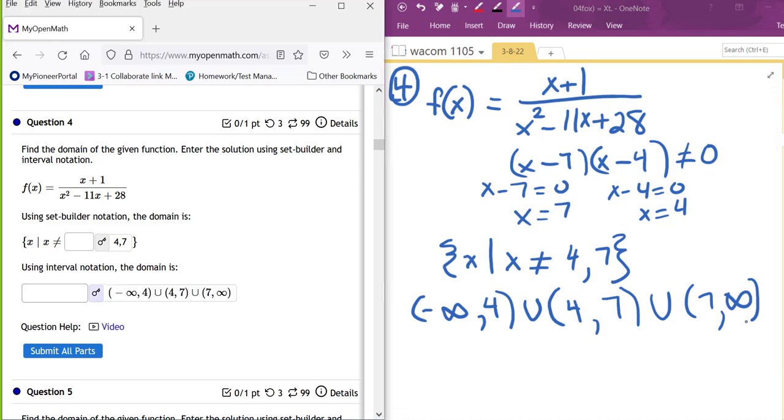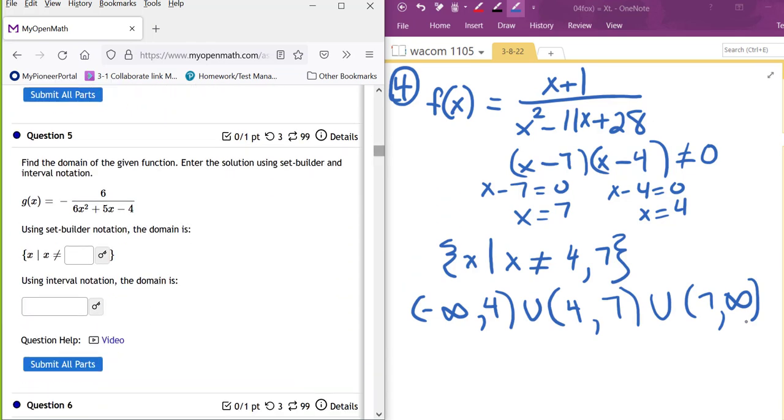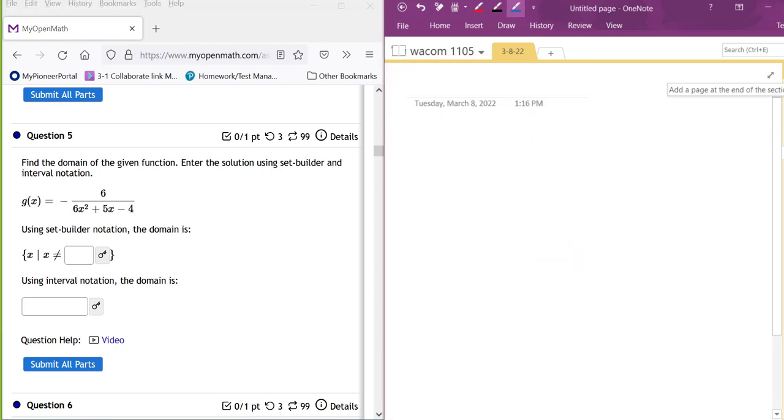Any questions there? All right, question 5 is similar. I left it in just because the factoring is a little more work, so we can just remember how to factor those.